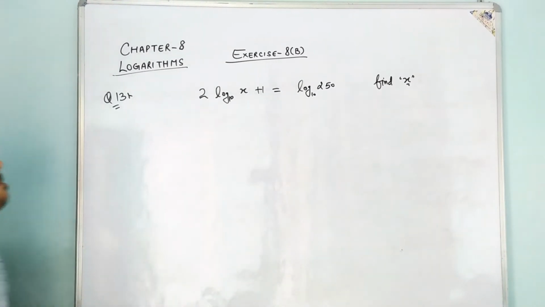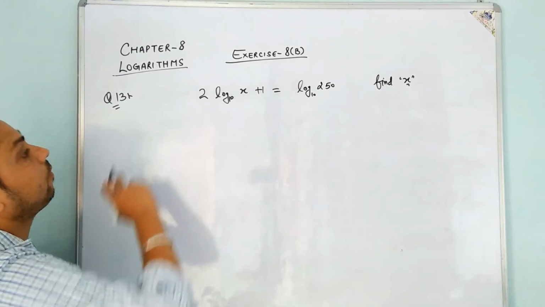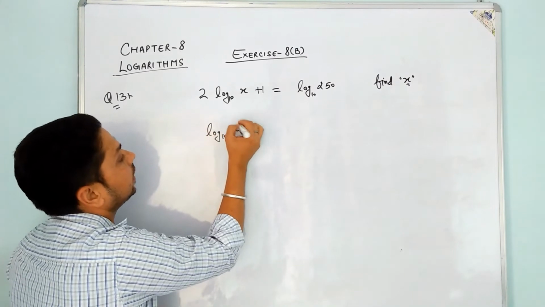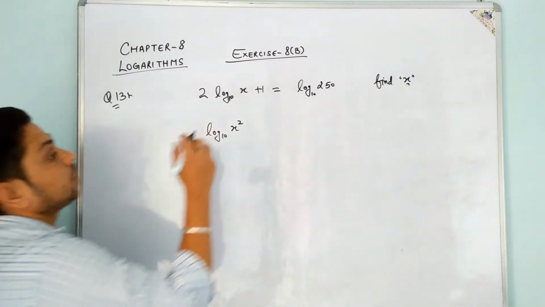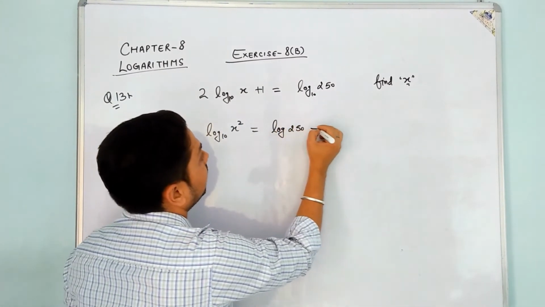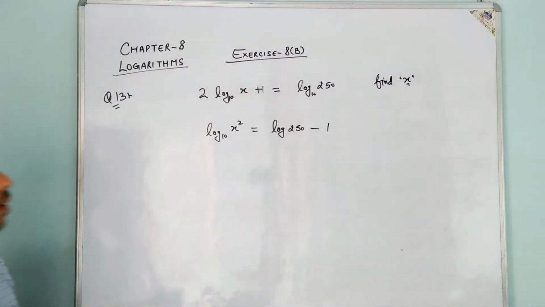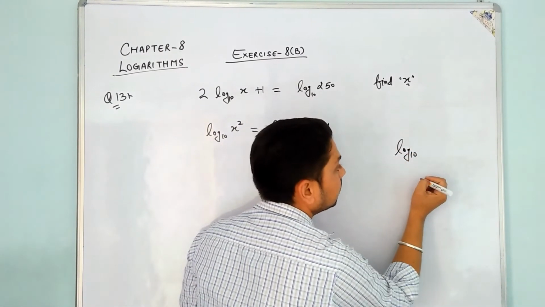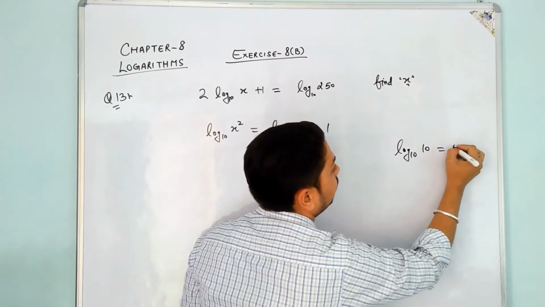Now, starting from here, we can write it as log of 10x squared, which is equal to log of 250 minus 1. Now 1 can be written as log of 10 with base 10, which is equal to 1.